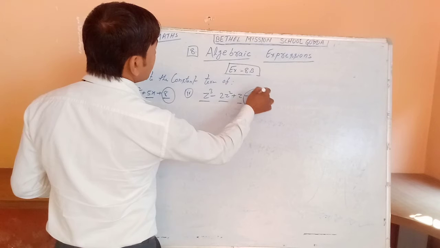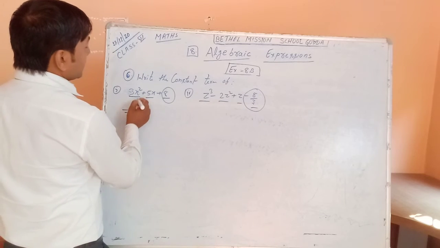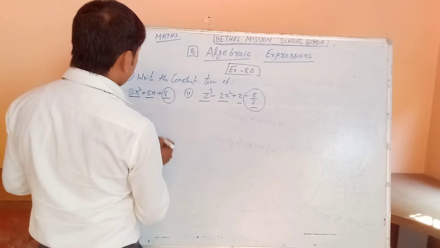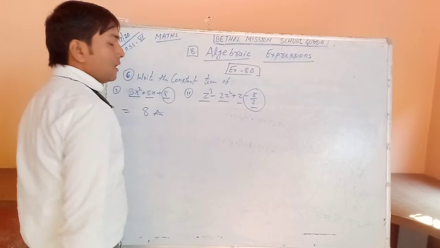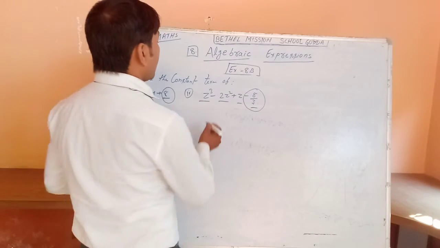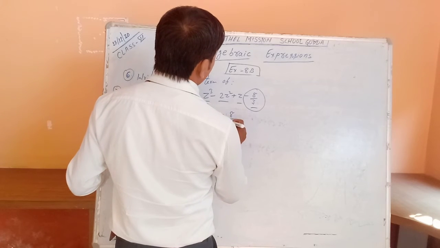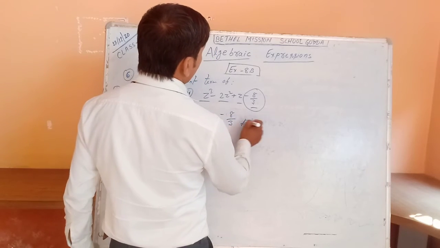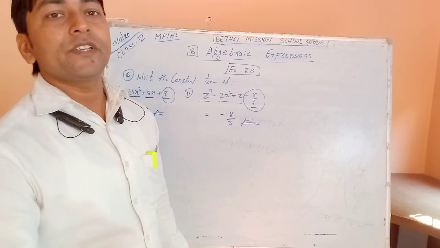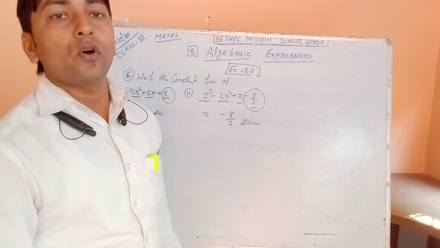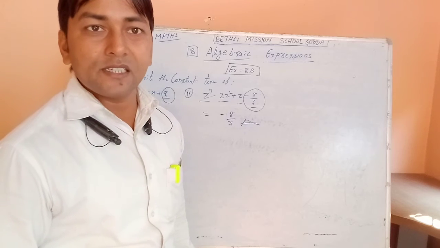So in 3x square plus 5x plus 8, 8 only is the constant term. Here minus 8 upon 3 is the constant term. The constant term is free of variables, it is not multiplied with variables.